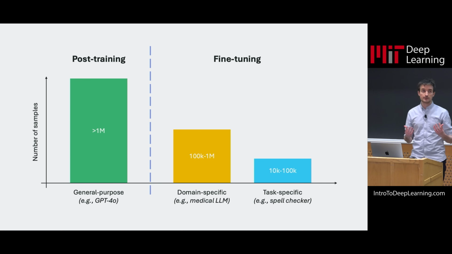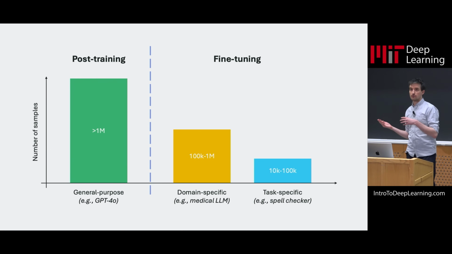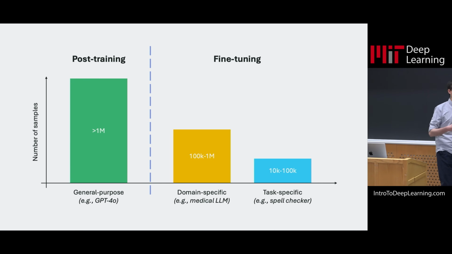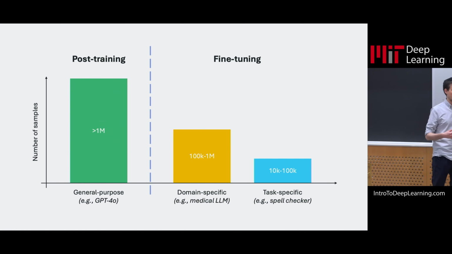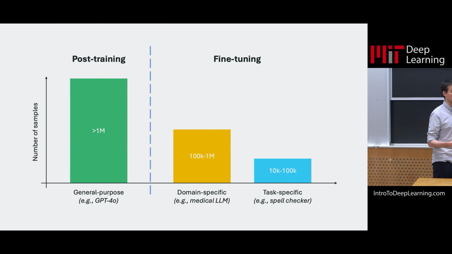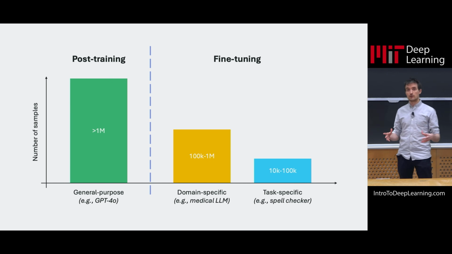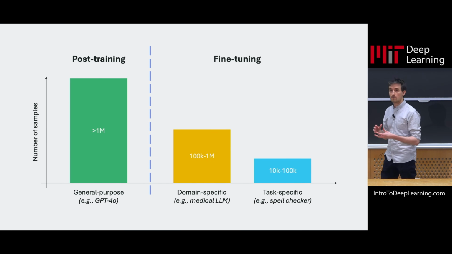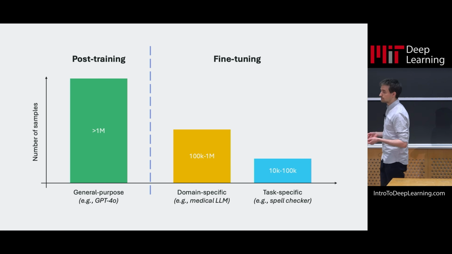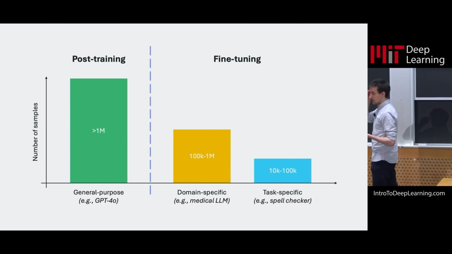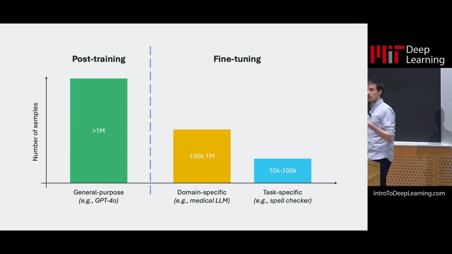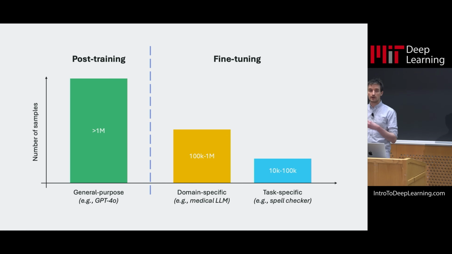So in terms of dataset, as you might have noticed, during the pre-training phase, we have a lot of samples. We have trillions of tokens, and the datasets are really, really large. This is not the case with post-training. The datasets are a lot smaller, and we focus more on quality. So here I wanted to give you different types of fine-tuning that you might encounter.